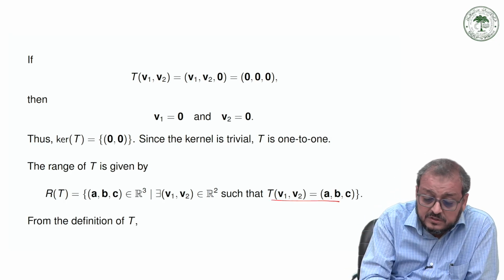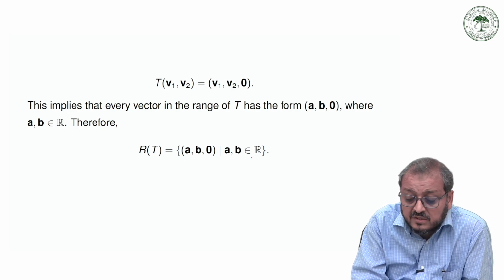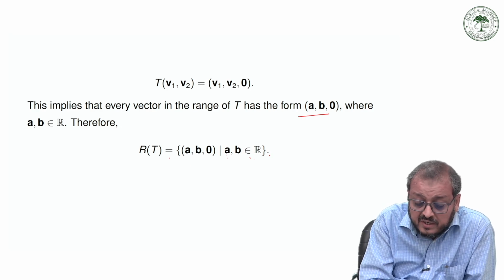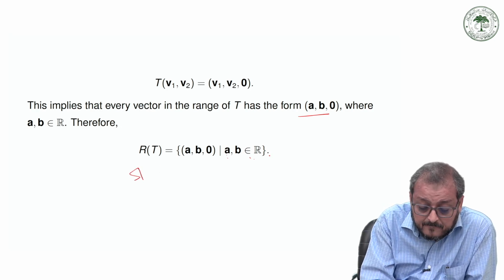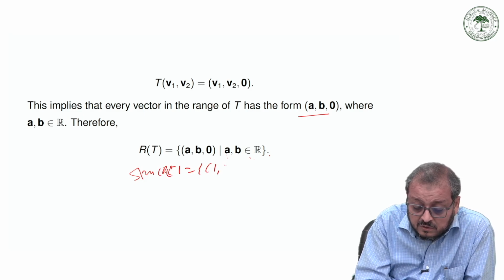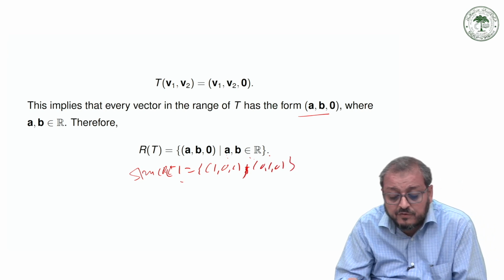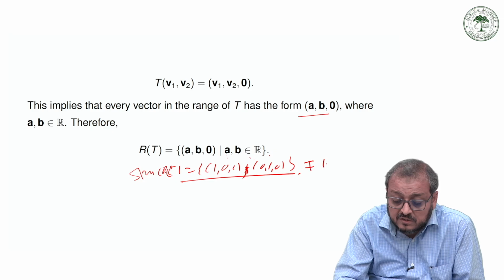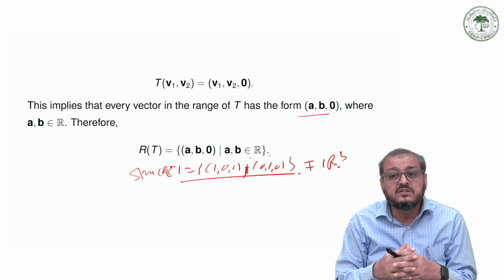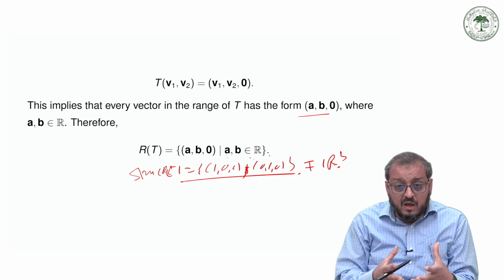By the definition, T of (v1, v2) is this, so the range of T is of the form (a, b, 0), where a and b are elements of R. So the range of T is the span of (1, 0, 0) and (0, 1, 0), which clearly does not generate R3. So this is a proper subset of R3. So the range of T is a proper subset of R3, and clearly T is not onto.